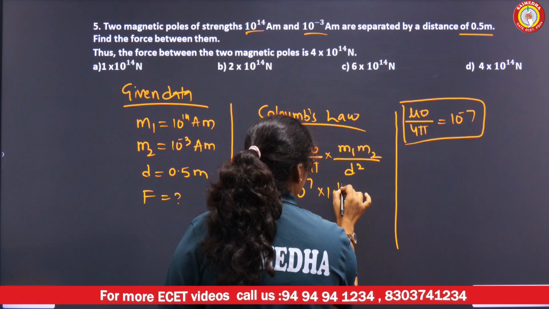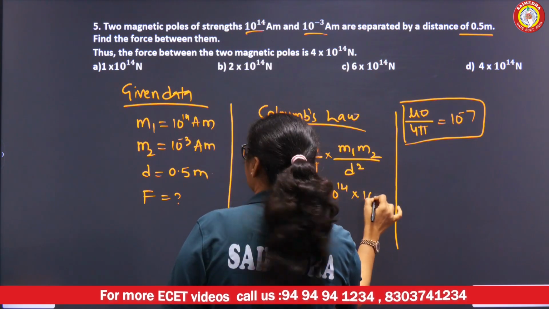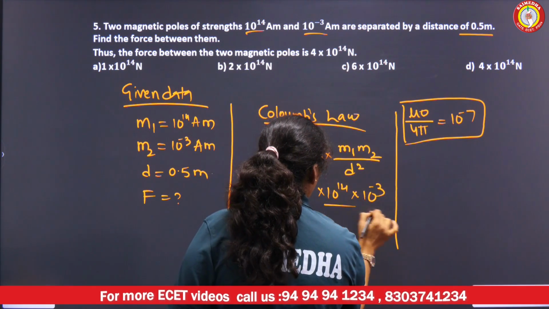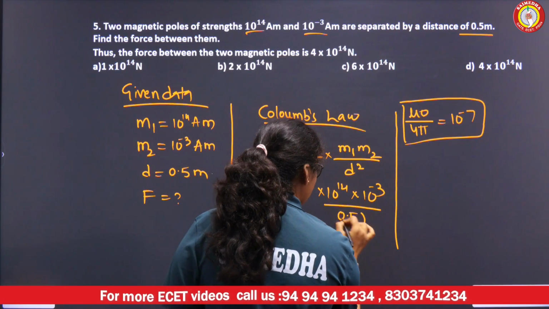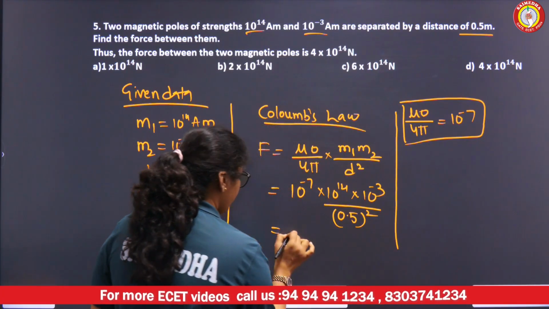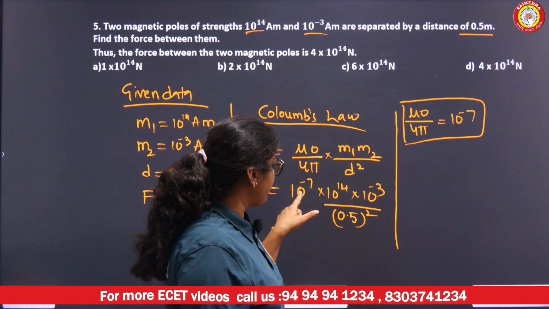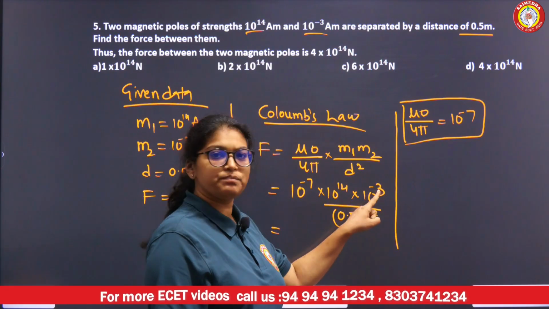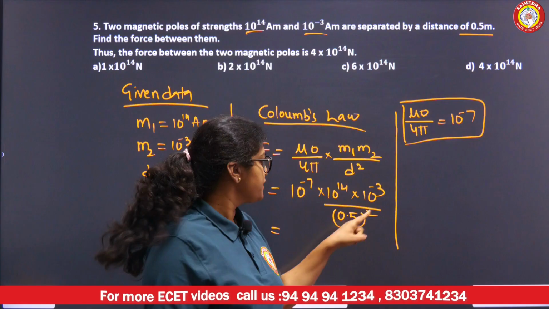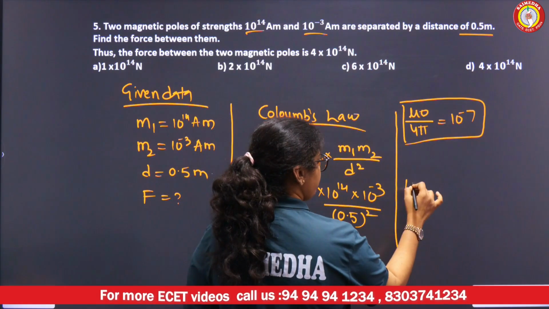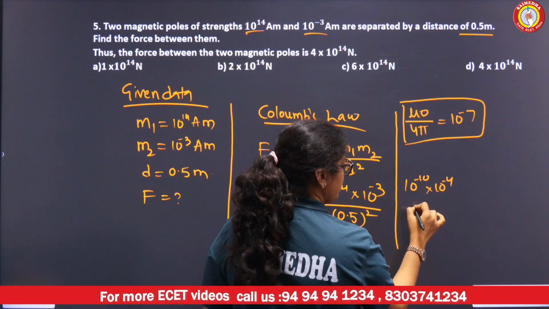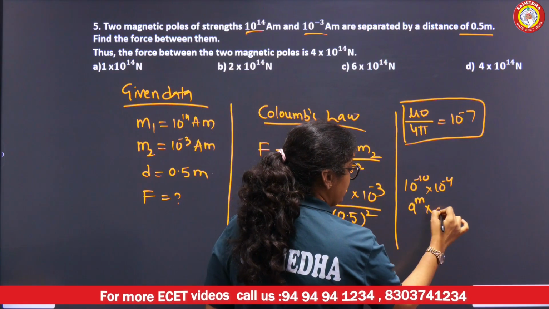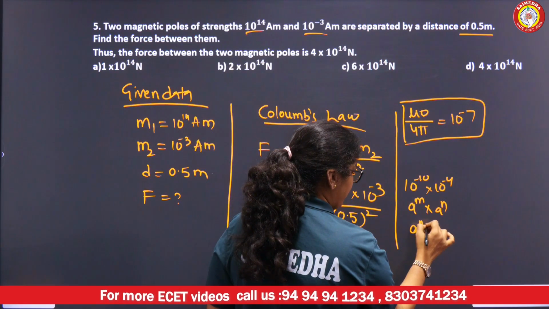10 power 14 into 10 power minus 3 by d square, which is 0.5 whole square. Now 10 power minus 7 into 10 power minus 3 gives 10 power minus 10, into 10 power 14. You know this formula? A power m into A power n is equal to A power m plus n.